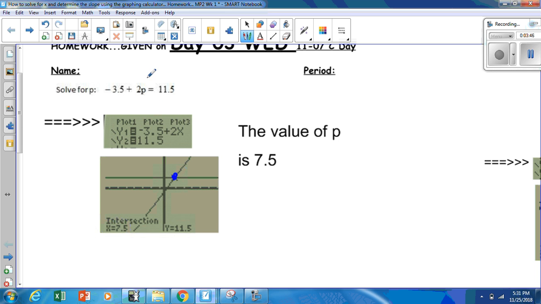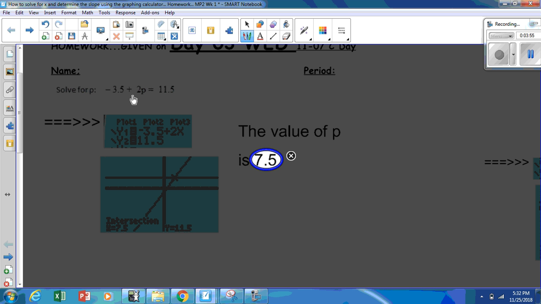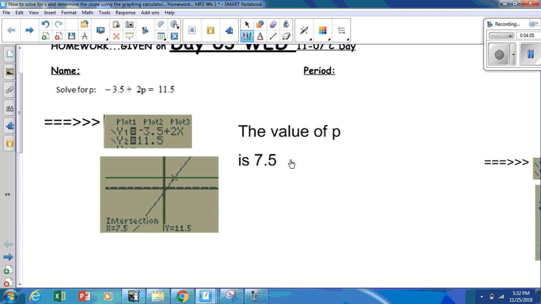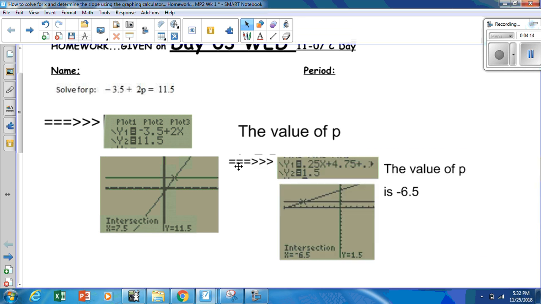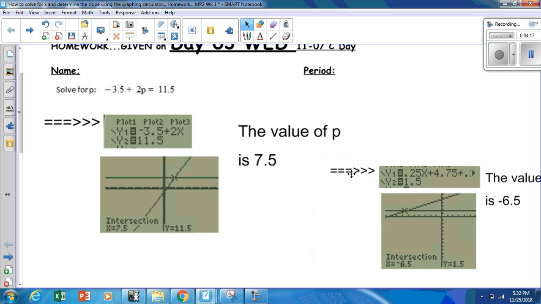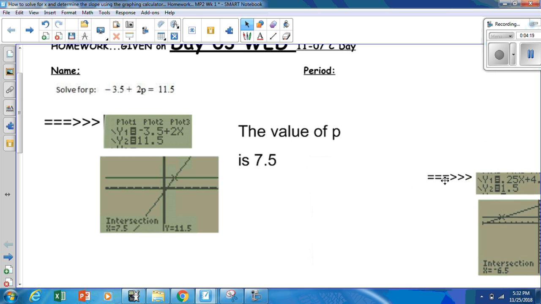So when these two lines intersect, that means that p has to equal 7.5 in order for that number multiplied by 2, subtracting 3.5, to equal 11.5. Okay. All right. What else do I want you guys to take away from this activity? Okay. I think that's it. Let's go on to the next question.